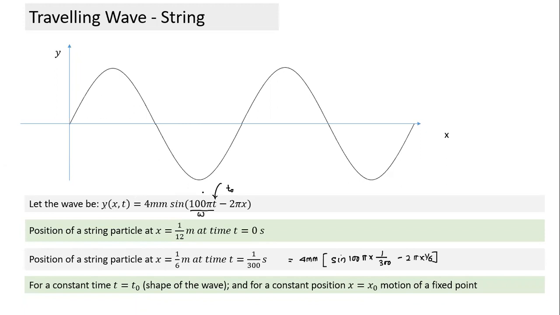It will represent the shape of the wave at instant t naught. And similarly, if I choose x as a constant, it means I have defined a particular point on the string. If x is taken as a constant, this equation will represent the motion of a particular particle on the string, the motion of a fixed point on the string. And what would the motion be? It will be a motion in the y direction.